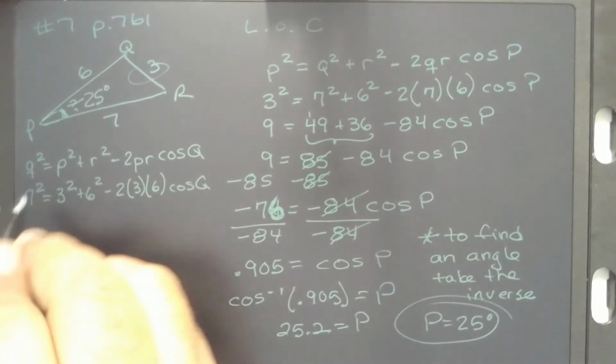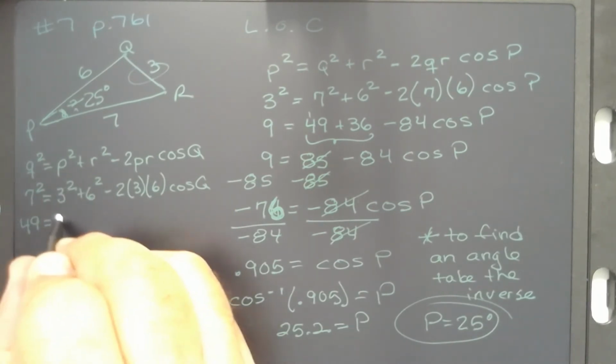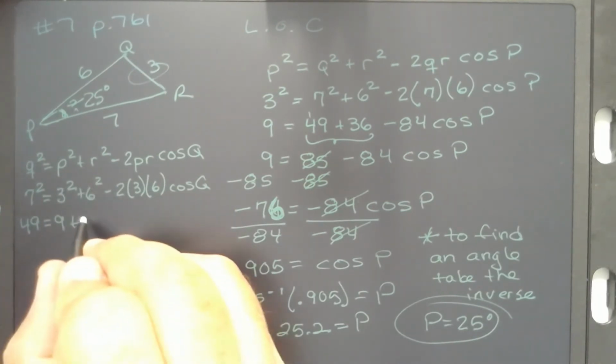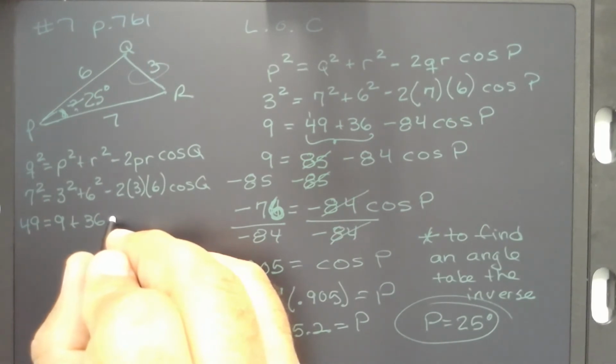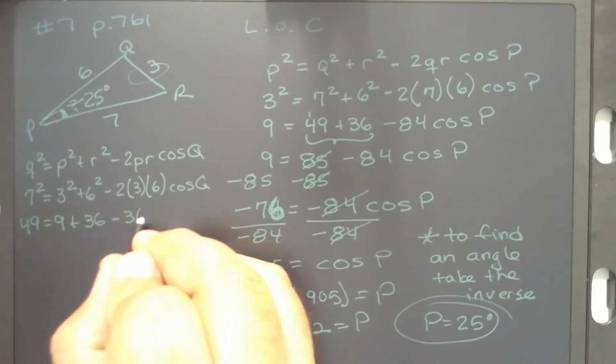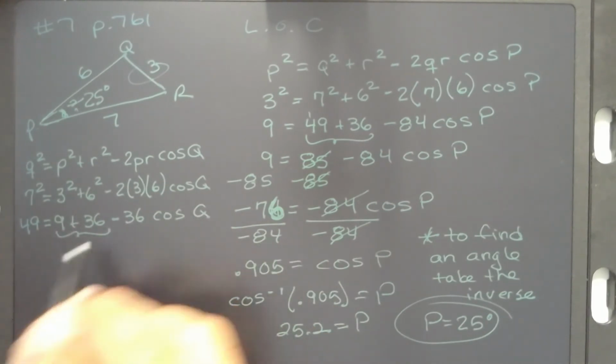Let's multiply. 7 squared is 49, 3 squared, 6 squared. 6 times 3 is 18. 18 times 2 is 36, negative 36 cosine Q. We can combine these two.